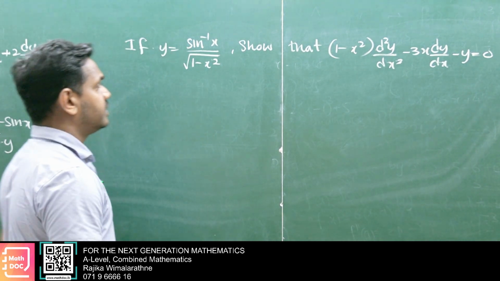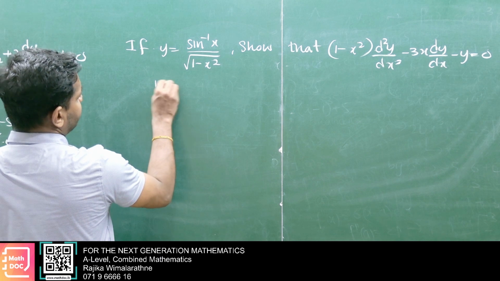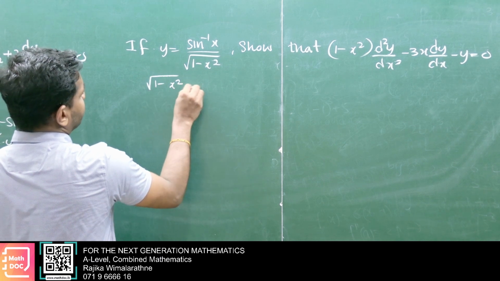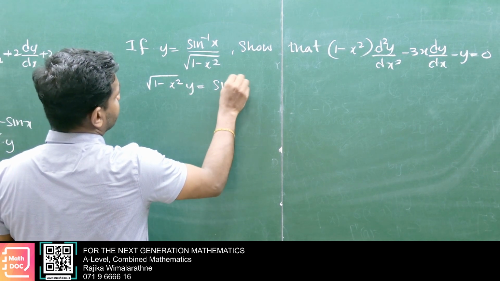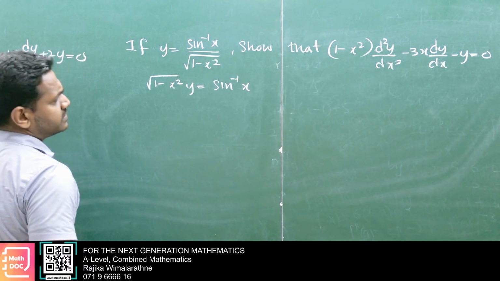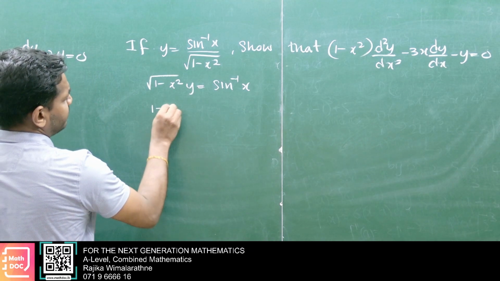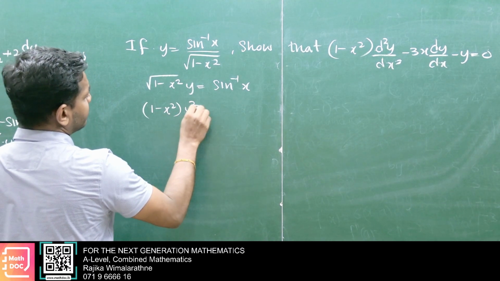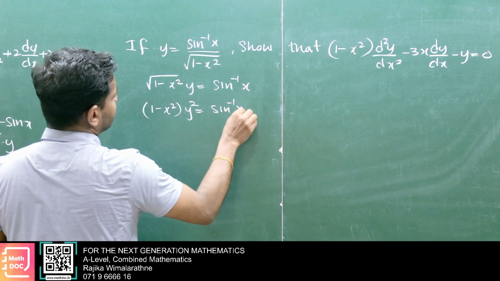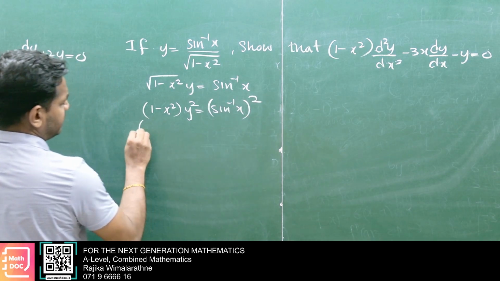Okay, here it is better to cross multiply. So I'm going to square this as well. Then differentiate.